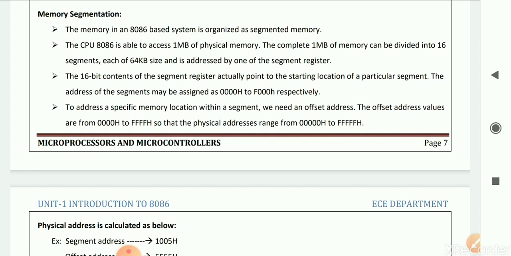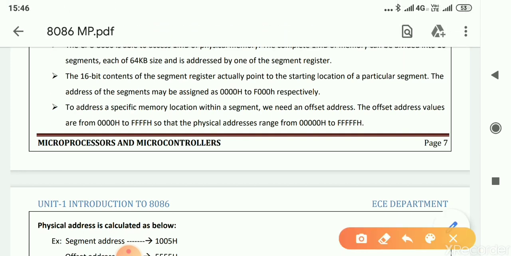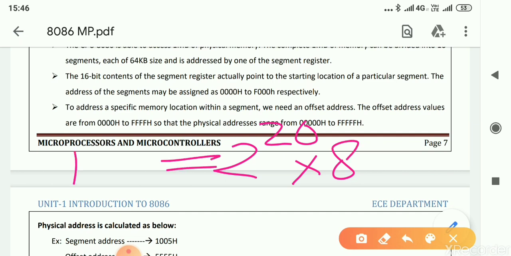So total address locations, if we consider the word size is 8 bit, will be 2^20 × 8. So the total size of the address space is 1 MB. 8086 microprocessor has 2^20 × 8, that is 1 megabyte.